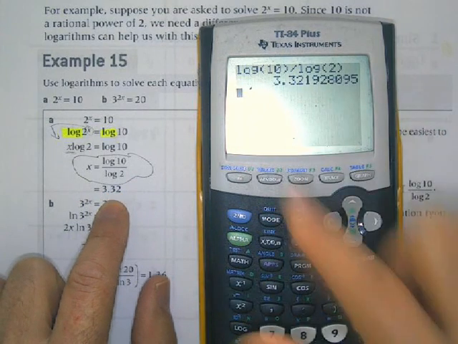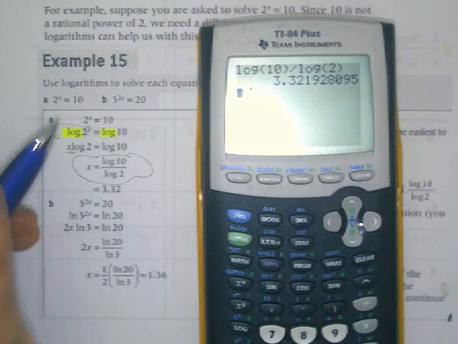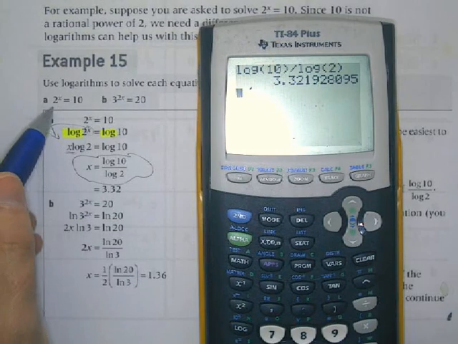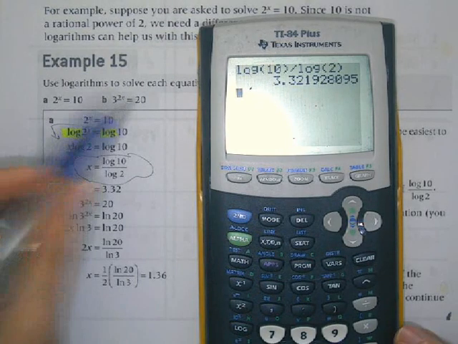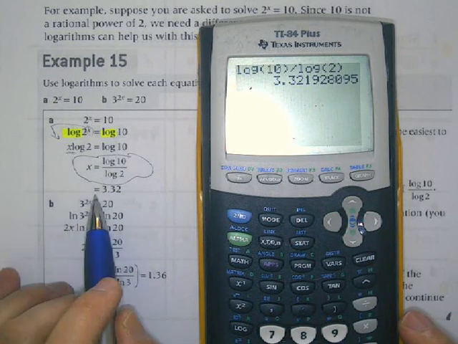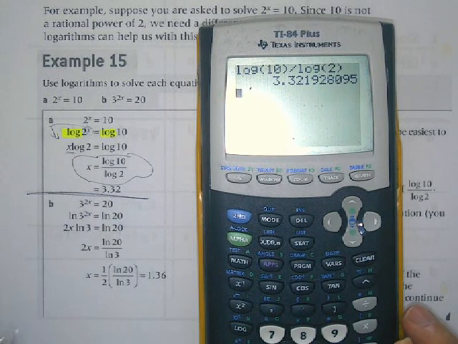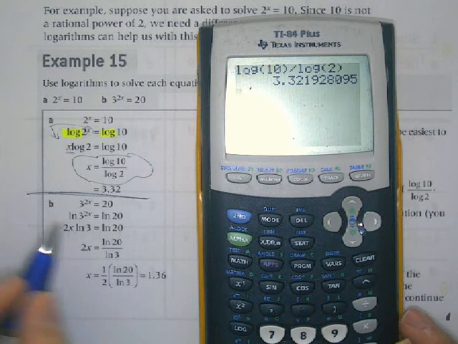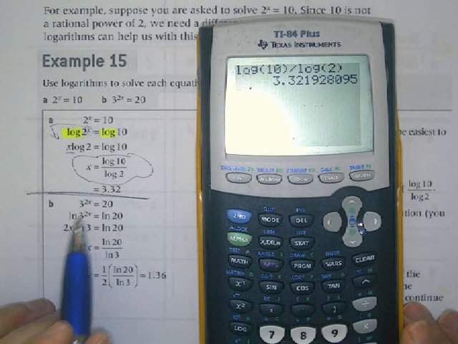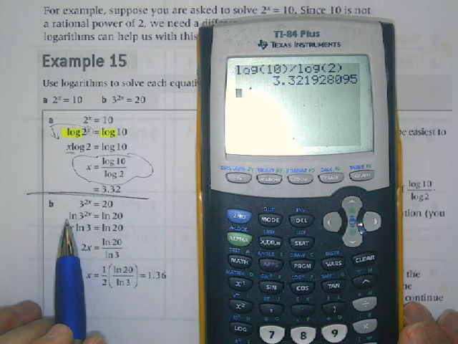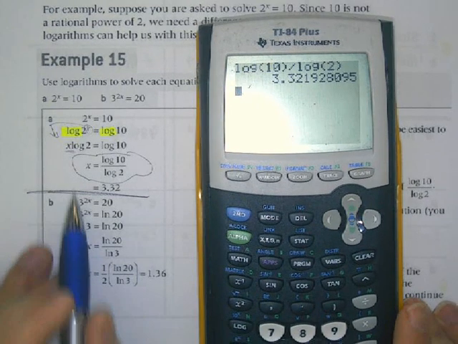Now, when the base is something other than 10, this way of arranging it allows us to solve regardless of our base, whether it's 2 or 3 or 5, it doesn't matter what the base is. So I could also do the same thing by doing natural log on both sides. So instead of log, I could have put natural log on both sides.